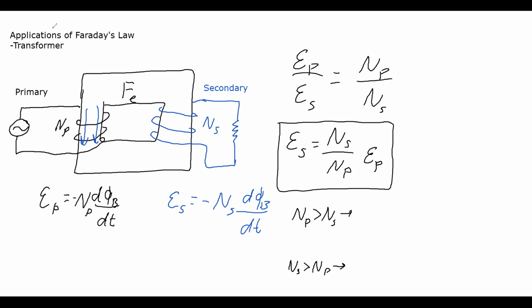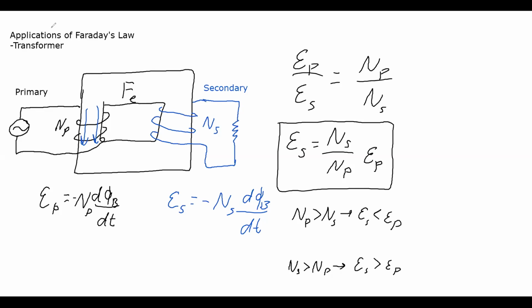That means ES is less than EP. Now the other scenario: if NS is greater than NP, that means ES is greater than EP. Let me make that a little bit neater here.